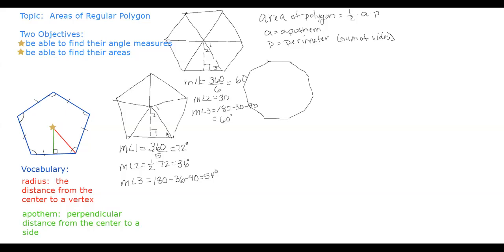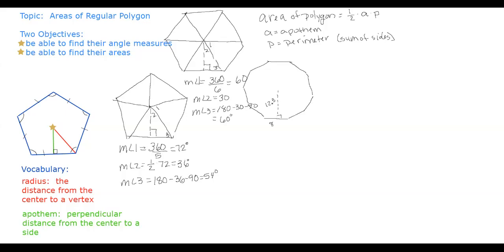I know that I need to have information to do this, so I need my decagon to have some information. In this case, it gives me that my apothem is 12.3 inches and that the length of the side is 8 inches. So these are given to me.